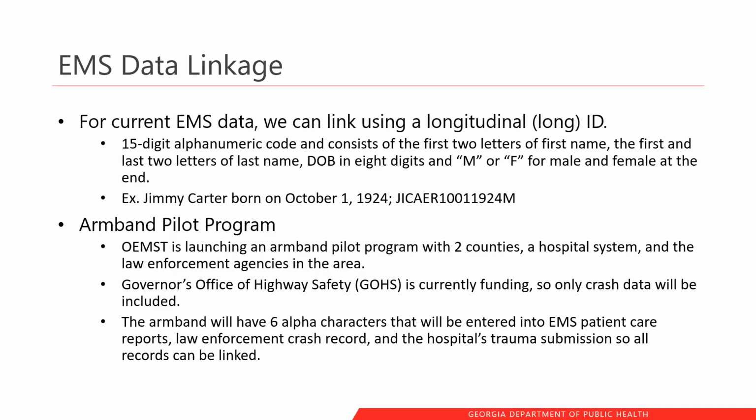But each armband will have 6 alpha characters, and they will be entered into the EMS patient care reports, the law enforcement crash record, as well as the hospital's trauma submission. So we link all of those records and get a picture of the patient as they're receiving care at the crash site with law enforcement, and then all the way through the end of the loop.